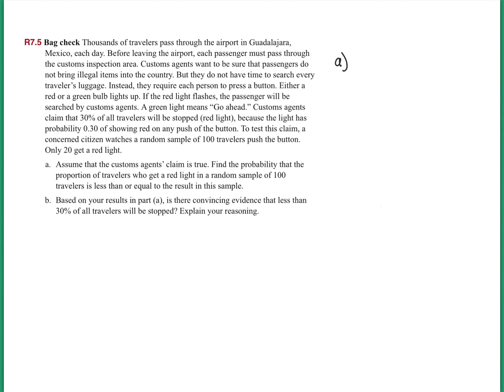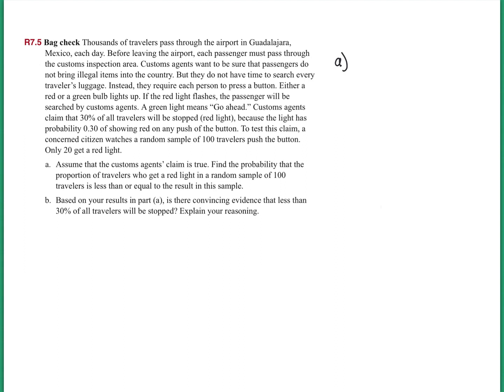Customs agents claim that 30% of all travelers will be stopped, get a red light, because the light has a probability 0.3 of showing red on any push of the button. To test this claim, a concerned citizen watches a random sample of 100 travelers push the button. Only 20 get a red light.